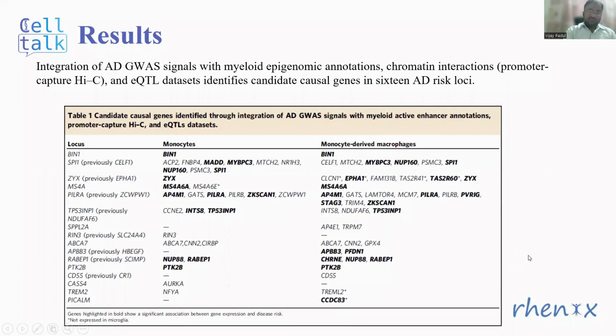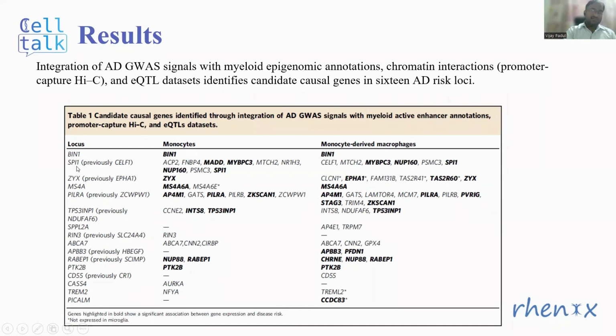So these are the different risk loci, and those highlighted in bold are associated with the disease risk. As you can see, in monocytes and monocyte derived macrophages, some common genes are present in both sets. So these are the different gene loci. Locus means that particular gene and the surrounding genes. And here we can see that BIN1 has been strongly associated with the disease phenotype.